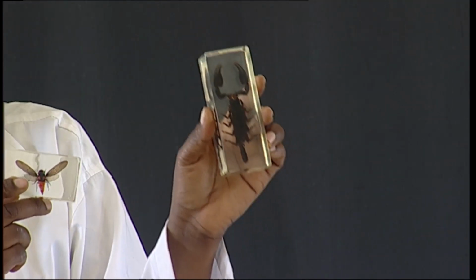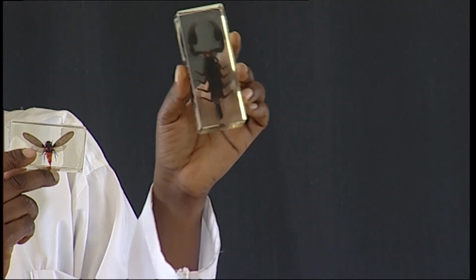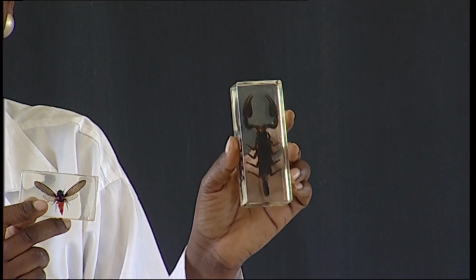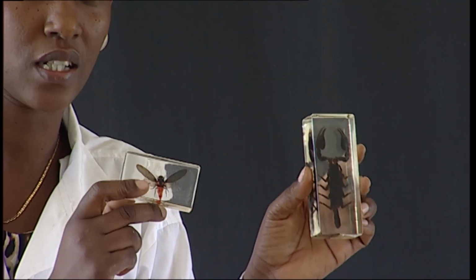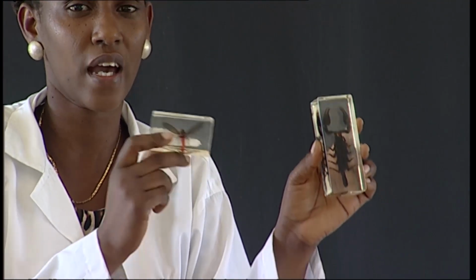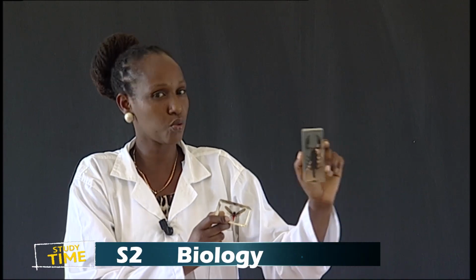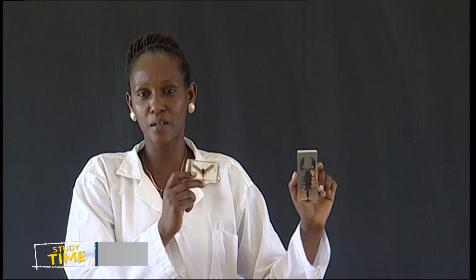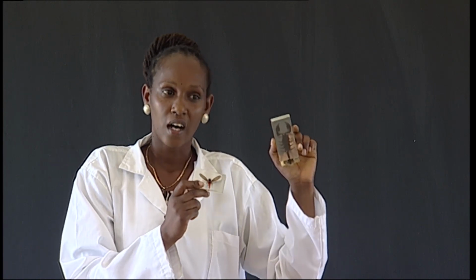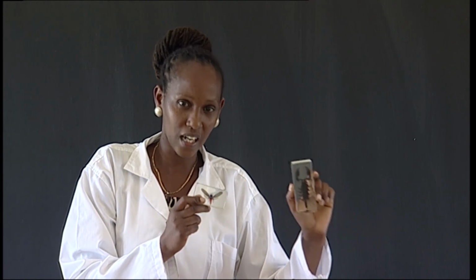In our introduction to arthropoda, we said we can classify arthropoda depending on the presence of antenna, as some have antenna and others don't. So insects possess antenna, and arachnida do not. Is it clear? Hope everybody is following what I'm trying to say.